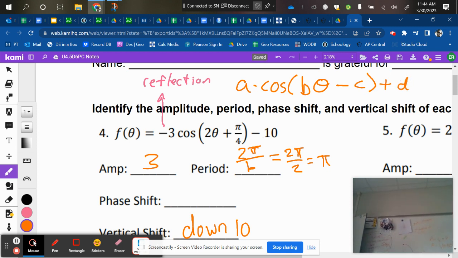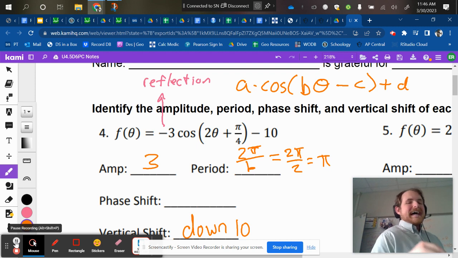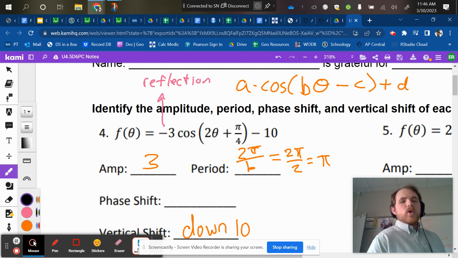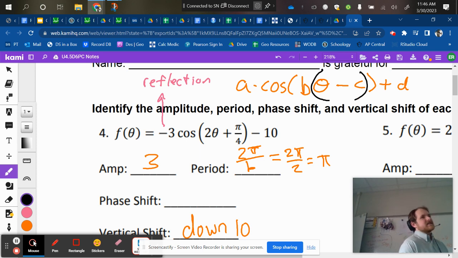What do you think the minus c does? Shifts it left or right, depending on if it's positive or negative. But there's a weird part here: if it's in the form like that, is the orange form up there different if I put the parentheses around it like this? Yes. So you're going to see both depending on where you get your information.